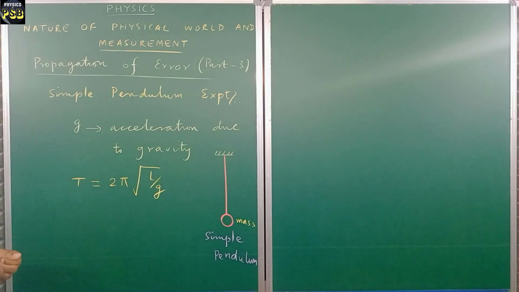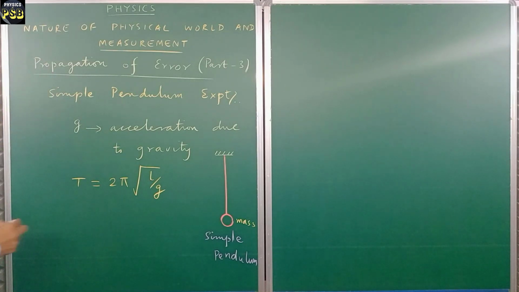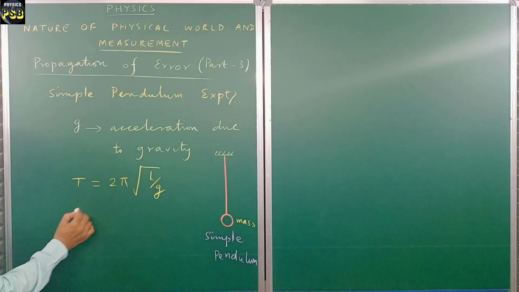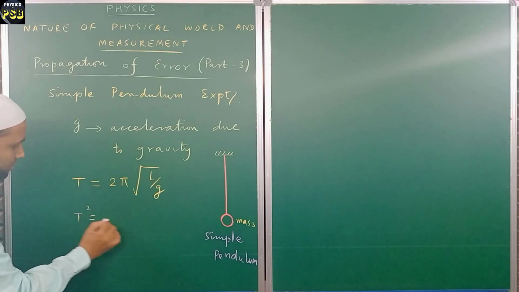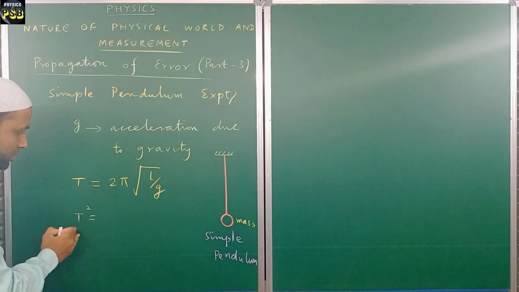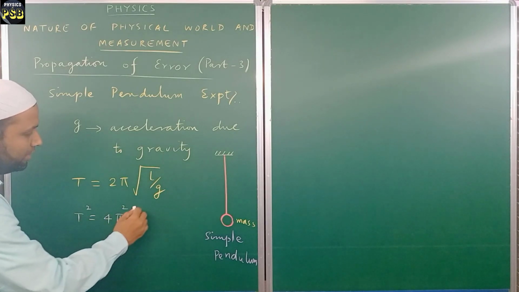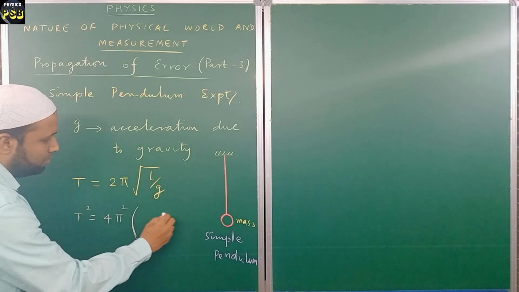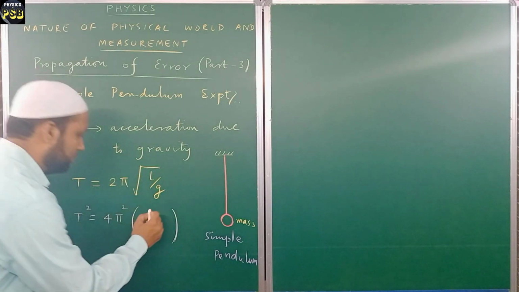Now here the aim is to get the value of g. So what I do, I square this to eliminate the root. On squaring, T becomes T square, 2 becomes 4, pi becomes pi square, and the square root disappears.